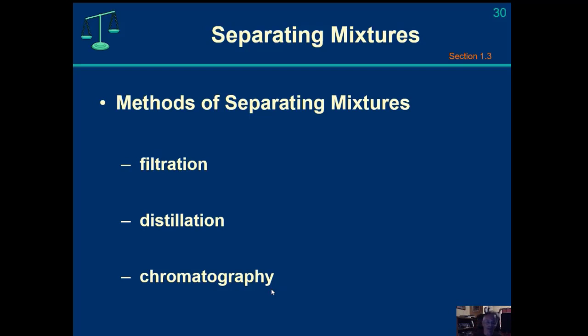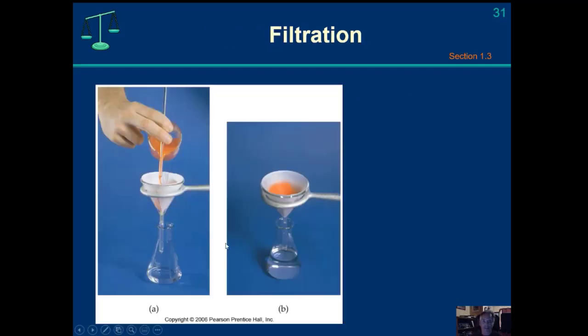There's a particular technique: you have a stationary phase and a mobile phase, and you're separating the components of a mixture based on that. If you take organic chemistry, you will do several types of chromatography: thin layer chromatography, paper chromatography, column chromatography, and you'll become very acquainted with chromatography. We'll focus on filtration and distillation.